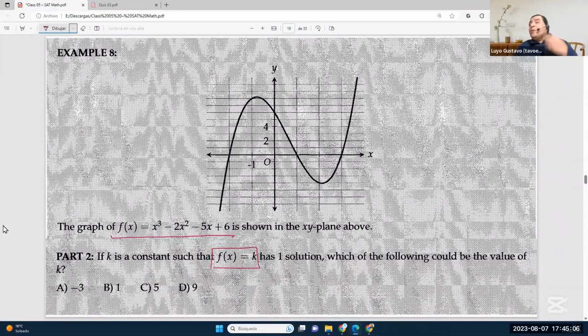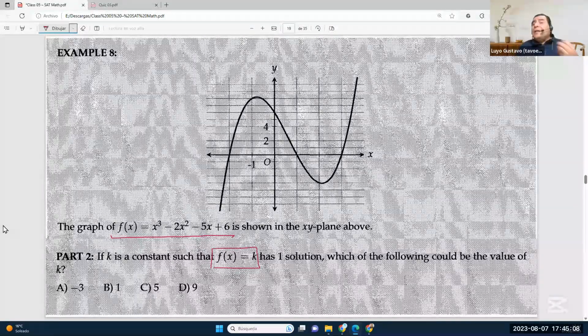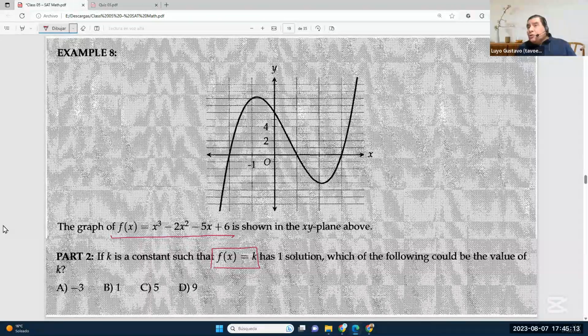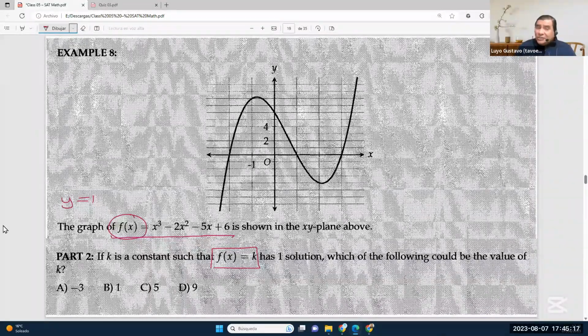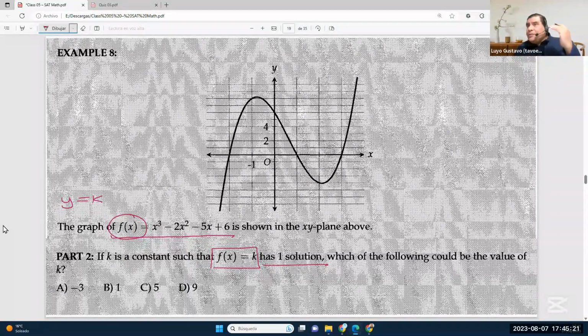But since they already tell you that for a certain value of k, this problem has only one solution, it means that the position of k must be such that when you count the intersection points between the horizontal line y equal k and the curve, there is only one possible intersection.